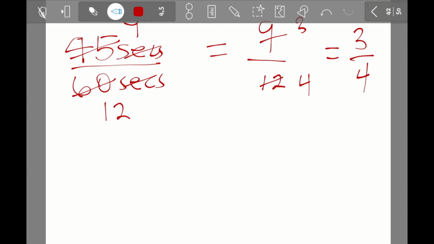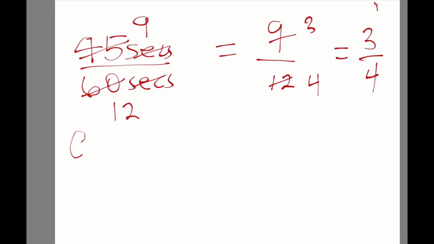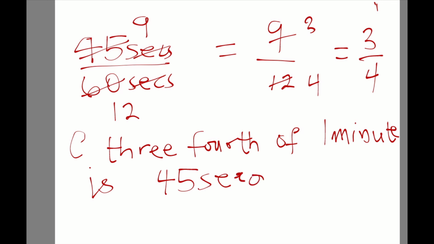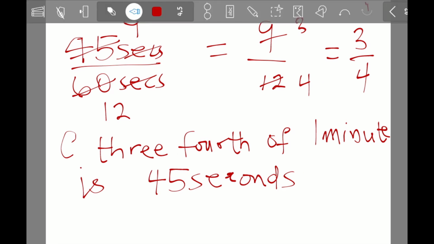So we say 3/4 of 60 seconds, or 1 minute, is 45 seconds. Three-fourths of 1 minute is 45 seconds.